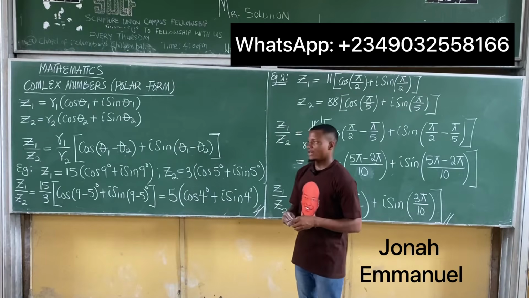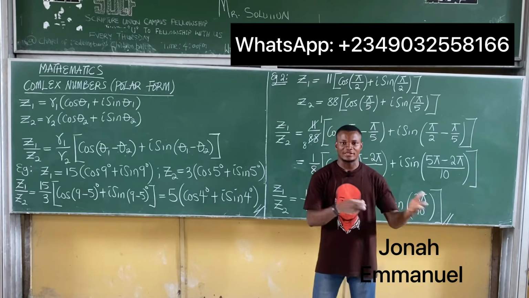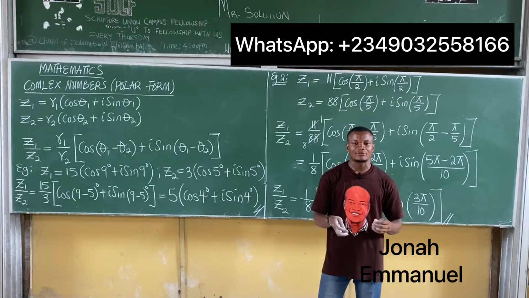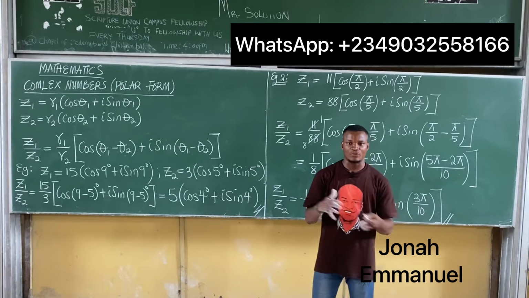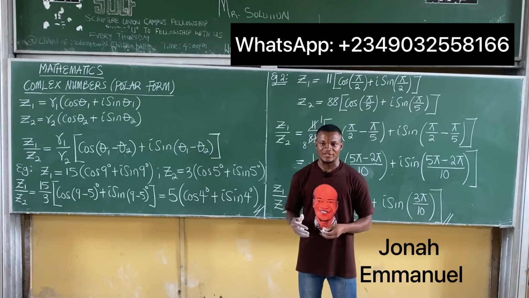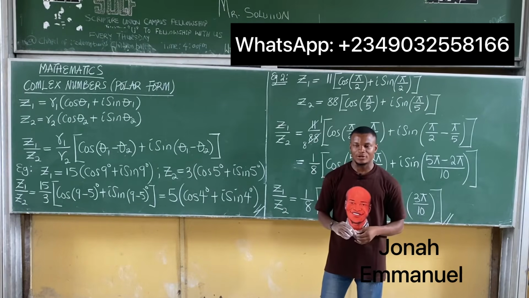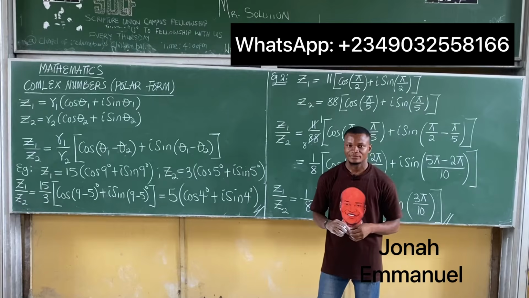Before we go, one final thing I'll show you is how to convert a complex number from polar form to rectangular form. We've seen how to convert from rectangular form to polar form. Now let's look at how to convert complex numbers from polar form back to rectangular form, and then we'll call it a class.